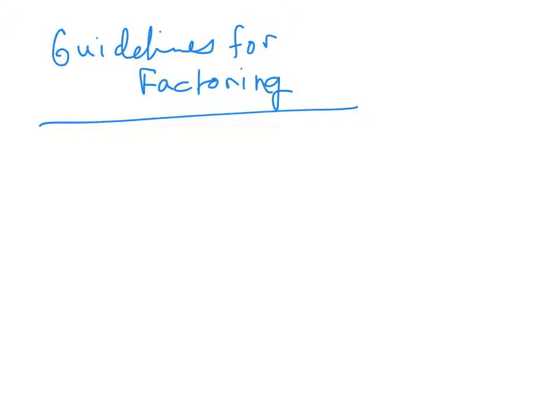Basically, we're just formalizing what we already know. Step one is always going to be, is there a common factor? I'm always going to ask that question first. Sometimes there will be, sometimes there won't be, but if there is one, we want to factor it out.